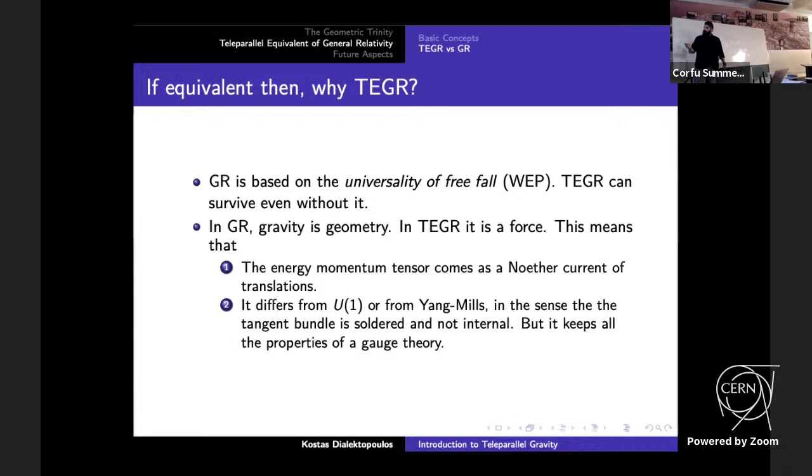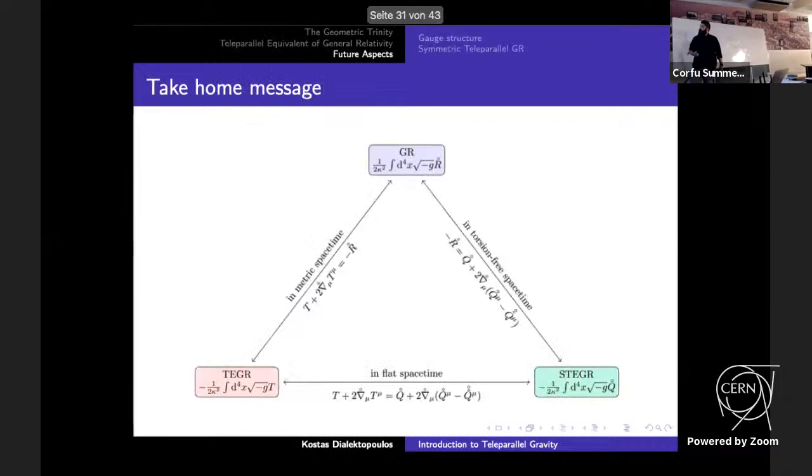And as a gauge theory, it differs from U(1). Well, Yang-Mills is non-abelian anyway, but the difference is that it is built in the tangent bundle and not in an internal bundle as other gauge theories, but it still keeps all the properties of gauge theories.